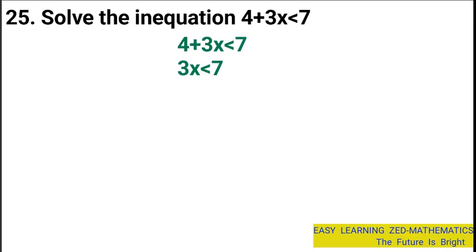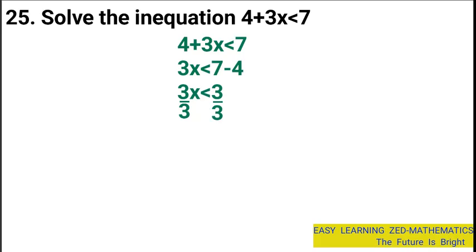Then 7 minus 4 will give us 3. Then at this stage I want to remain with x on one side of the less than sign, so that means I'm going to divide both sides by 3.